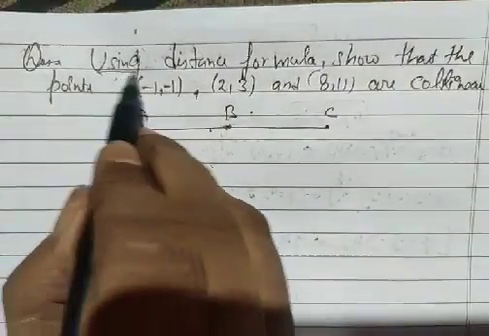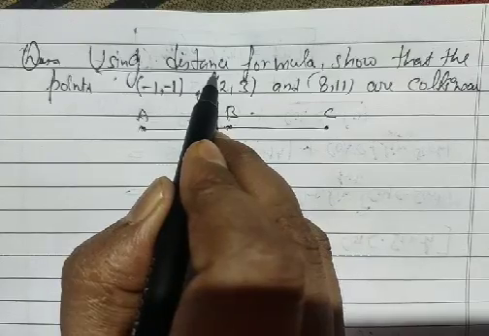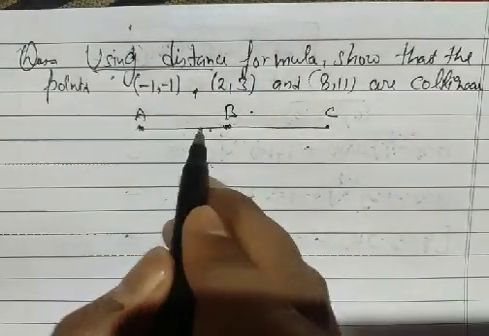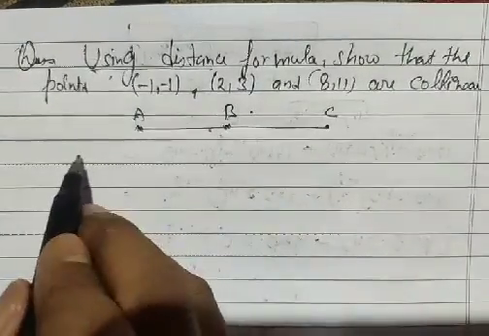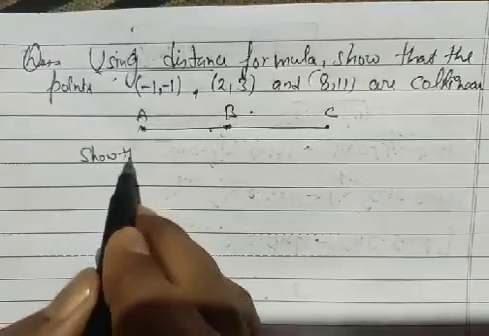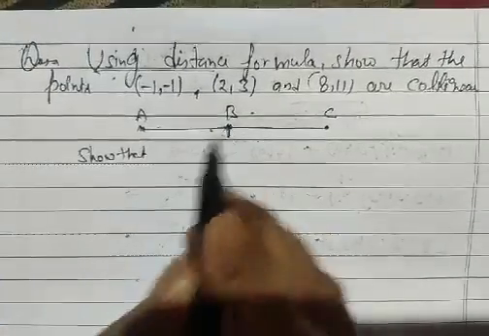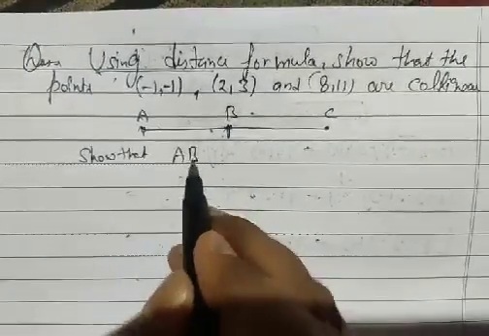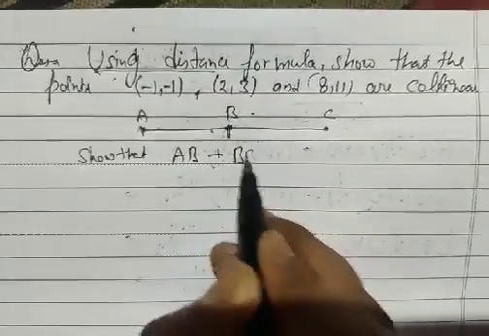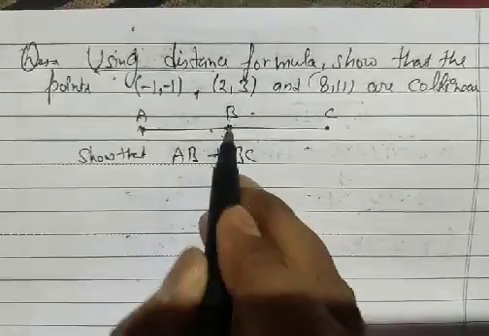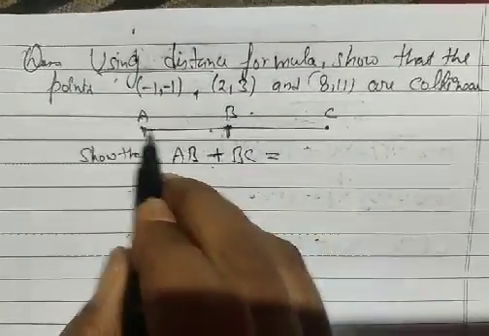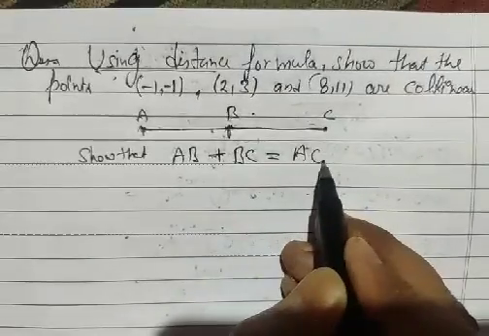But you have to show that they are collinear by using distance formula. To show these points A, B, C are collinear, what do we have to show? We have to show that the length of segment AB plus the length of segment BC is equal to the length of segment AC.